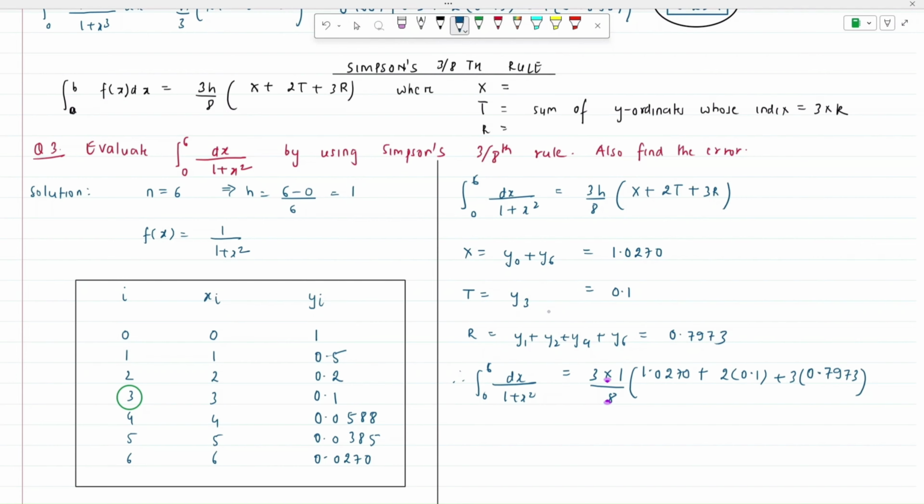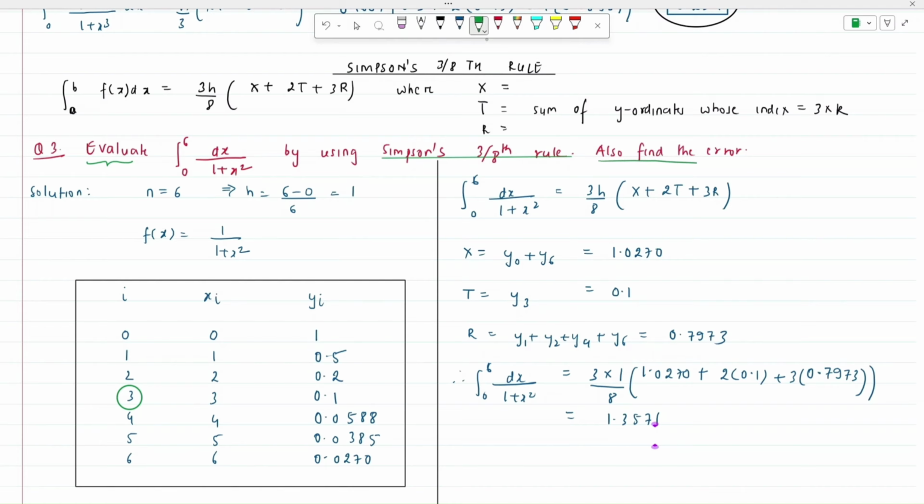And putting all these values on the calculator, we get the answer as 1.3571. So this is the first part wherein we were told to evaluate the integral by using Simpson's 3/8 rule.